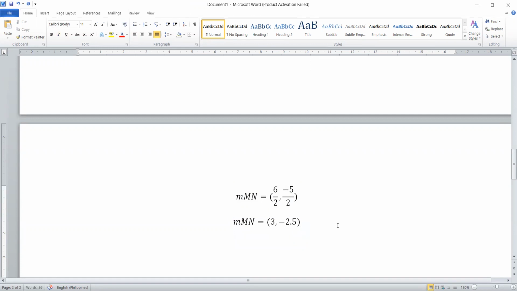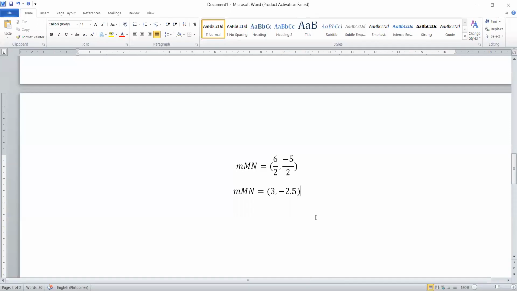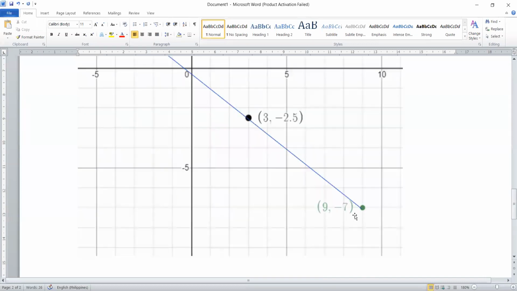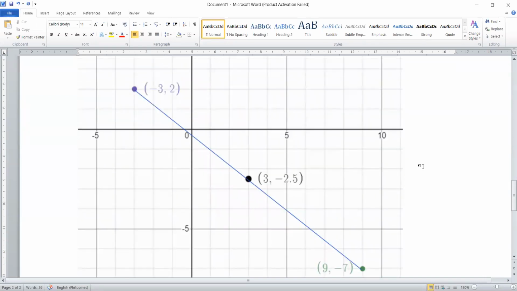So again, I'll show you the graph so that we can prove that our answer is correct. So I have the graph here. So this is your point N and this is your point M. As you can see, this is your (0, 0).